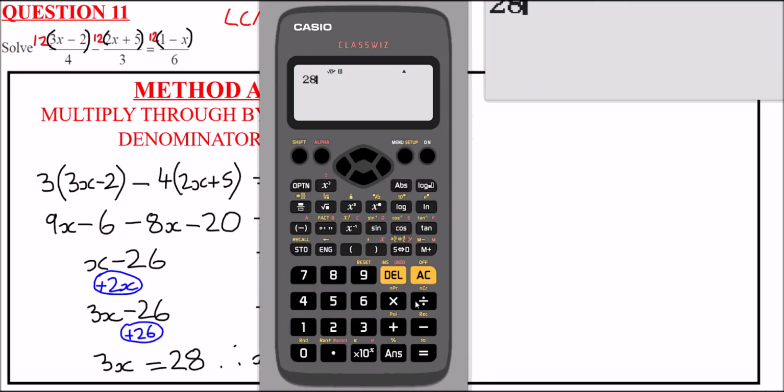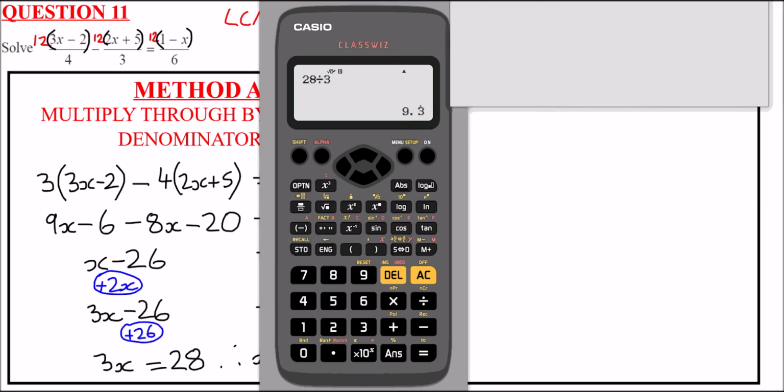So 28 divided by 3 is that. Or you can press Shift and then S arrow D to give it as a mixed number. What I wouldn't do is give it as an infinitely recurring decimal. If you're having to do that, put the dot above to show it's recurring. Do not just write 9.3, that is a mistake. The easiest bet I think is to leave it as 28 thirds or 9 1/3.